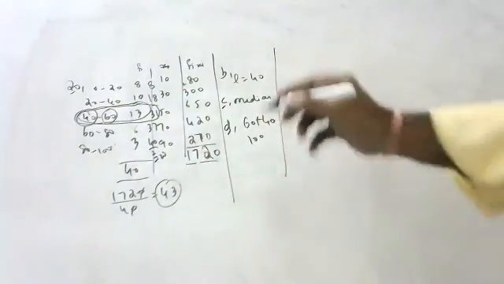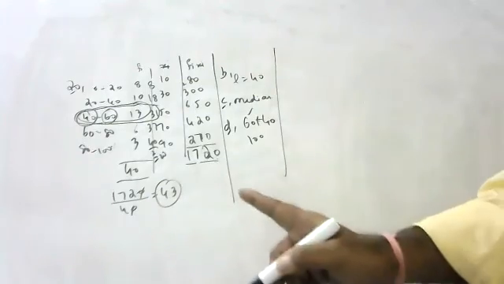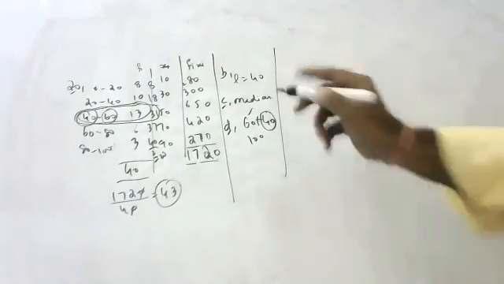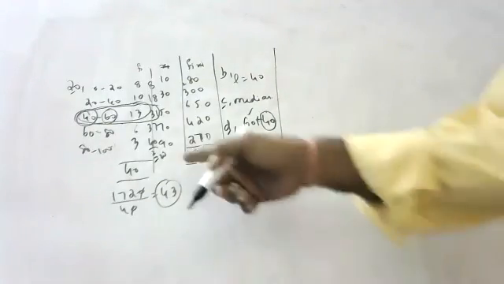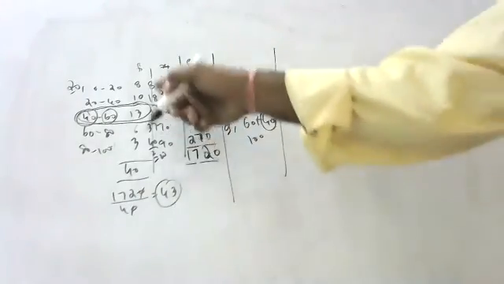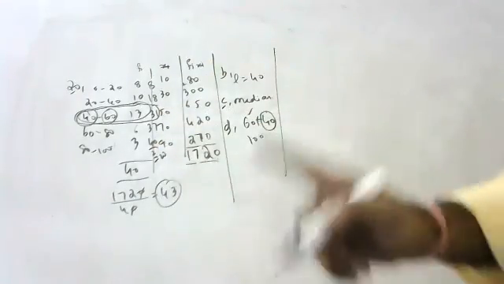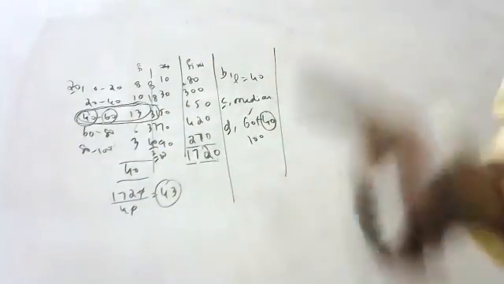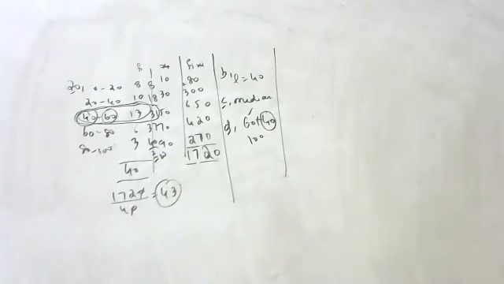The median class is found using N by 2 and the cumulative frequency.